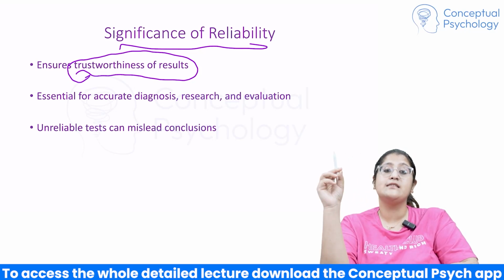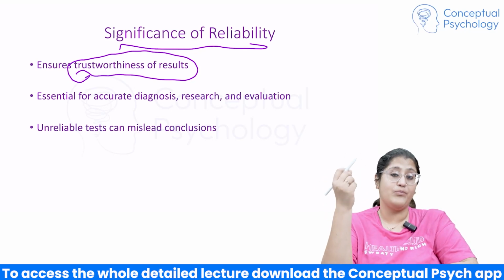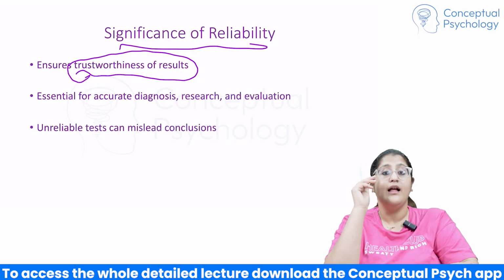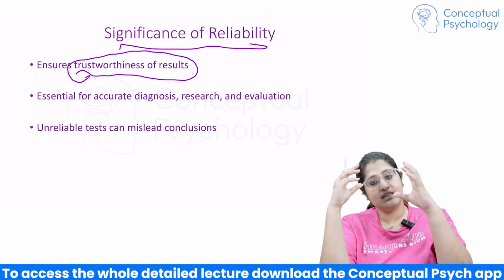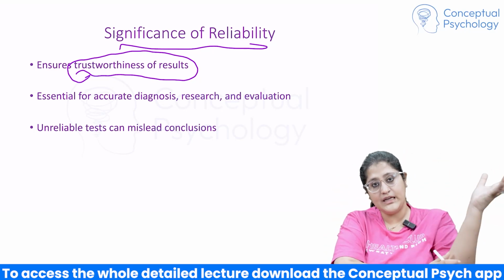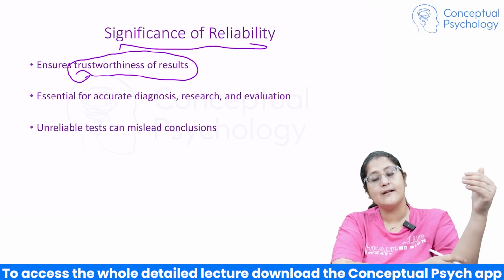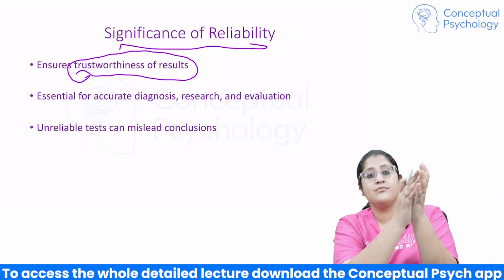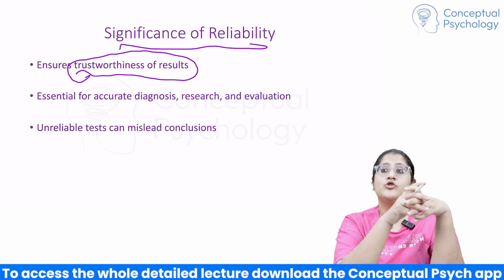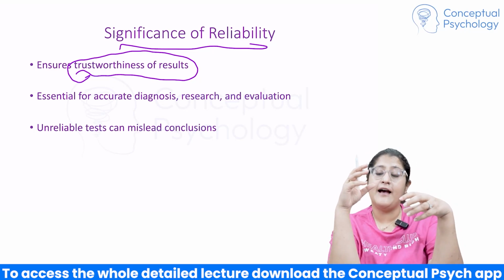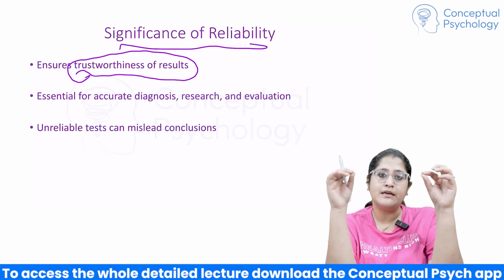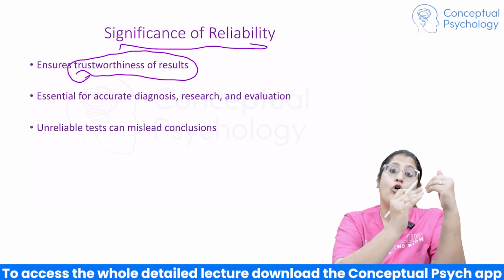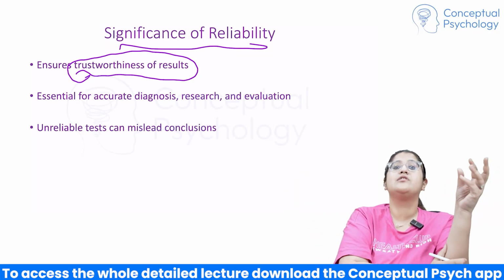Now the second aspect is accuracy. What does accuracy mean? For example, we were talking about internal consistency, right? If the test is internally consistent, matlab, you have measured different facets of a particular trait and they are all showing the same results.